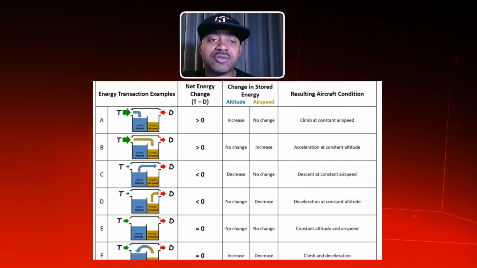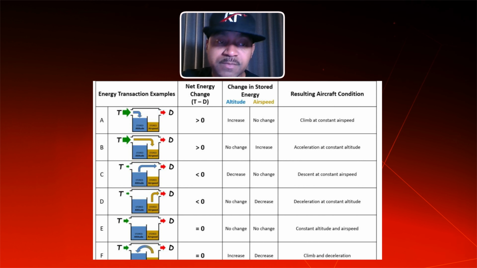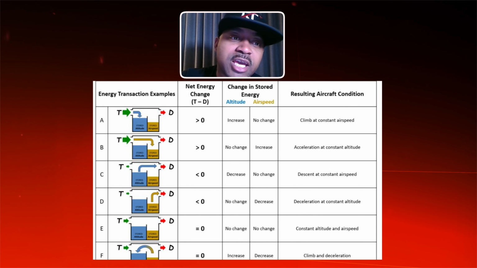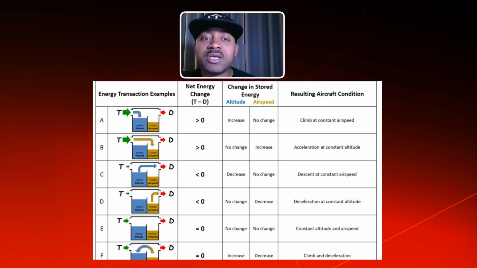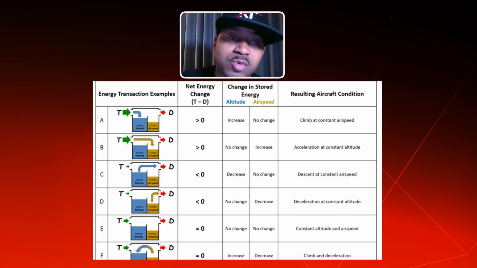There are 6 different conditions that can exist. You can go through these on your own if you like. We break it down: energy gained from thrust minus the energy lost through drag equals the change in potential energy plus the change in kinetic energy. So your net energy change equals your change in stored energy.